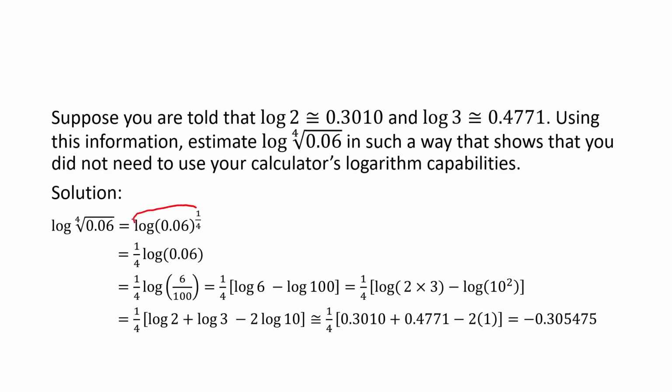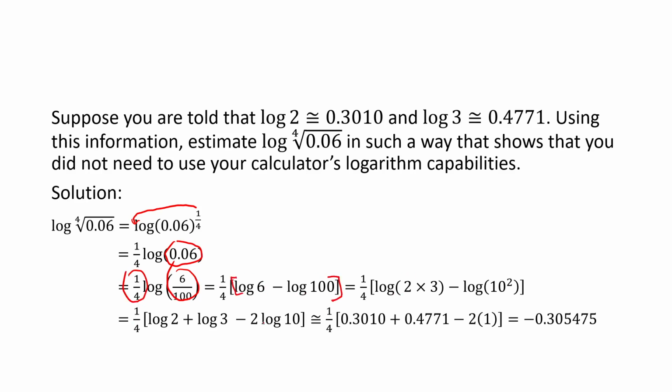I can move this 1/4 in front, and I've got 1/4 log of 0.06. Now, 0.06 is the same as 6 over 100. So the log of 6 over 100 is the log of 6 minus the log of 100. So if I've got 1/4 in front, I'm doing 1/4 times log 6 minus log 100.